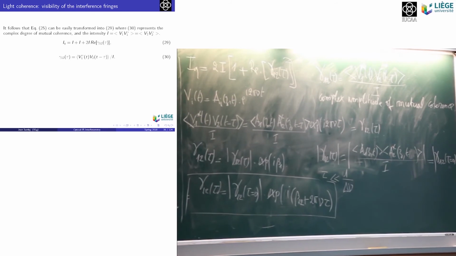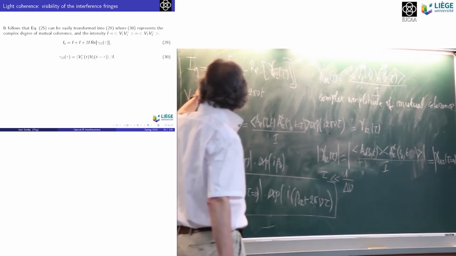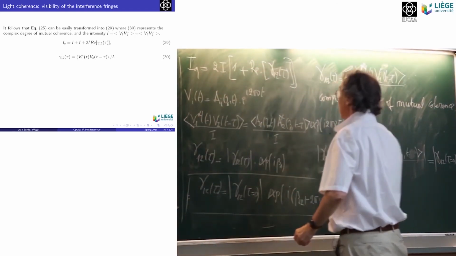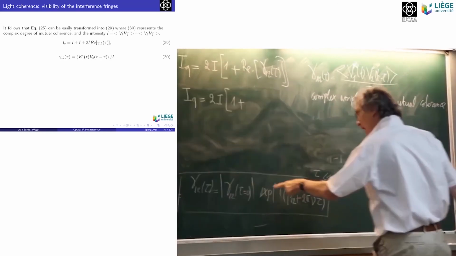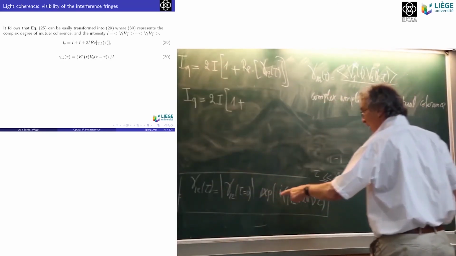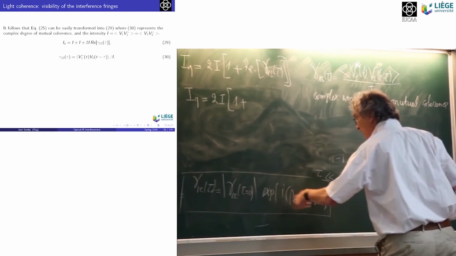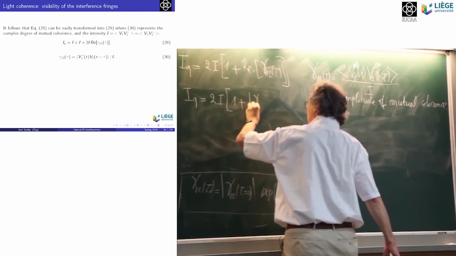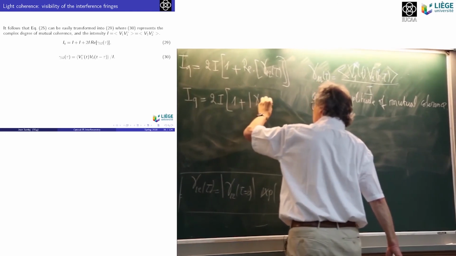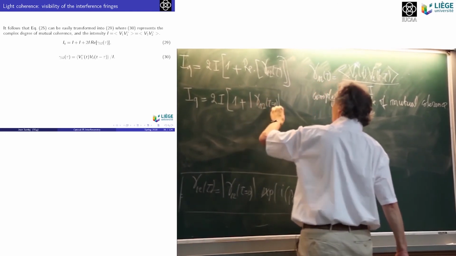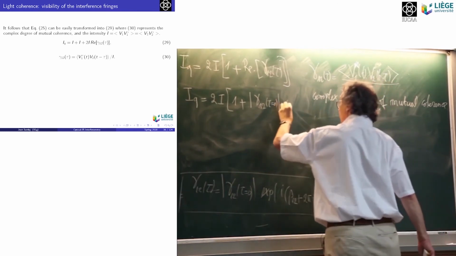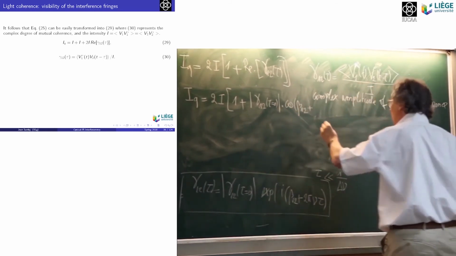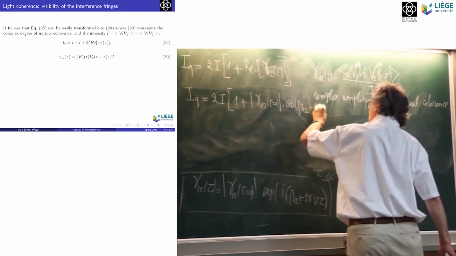Now I come back here, and I would like to simplify this expression still a little bit, and I will do it as follows. If I take the real part of that, this is a module, so the real part of that is a cosine. So it will be 1 plus the module of gamma 1, 2 at tau equals 0 multiplied by the cosine of beta 1, 2 plus or minus 2 pi nu tau.